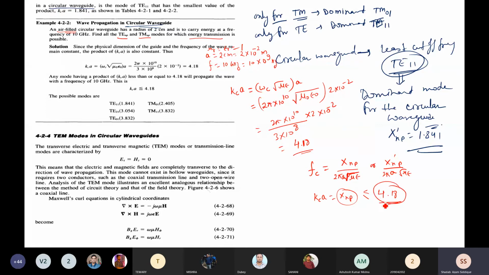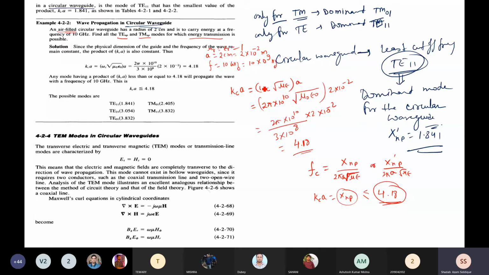Why so? Because our operating frequency is 10 gigahertz, so up to this frequency we can work. Below this frequency, our maximum cutoff frequency will be this one, and below this all will be used. The cutoff frequency is directly proportional to x_np.